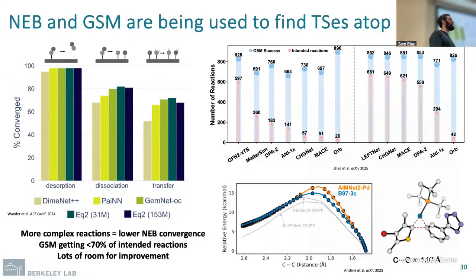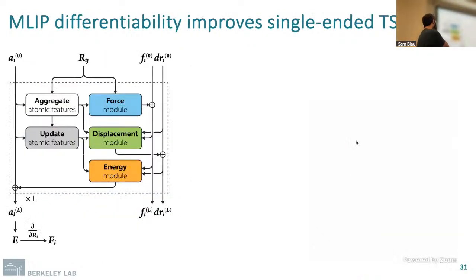And the obvious place to start to improve is differentiability, because the MLIP is automatically differentiable. So I was asking people about this at a workshop in 2021. Why don't you just autodiff again and get the Hessian at every step of your transition state optimization? Because that second derivative information is crucial for transition state optimization, for optimizing to those saddle points.